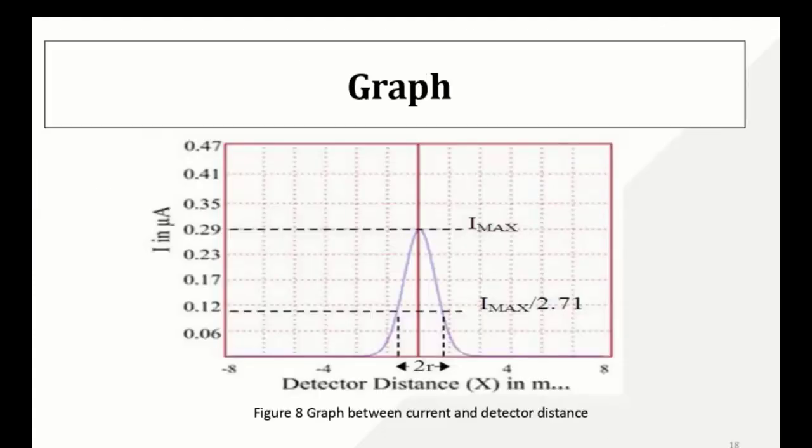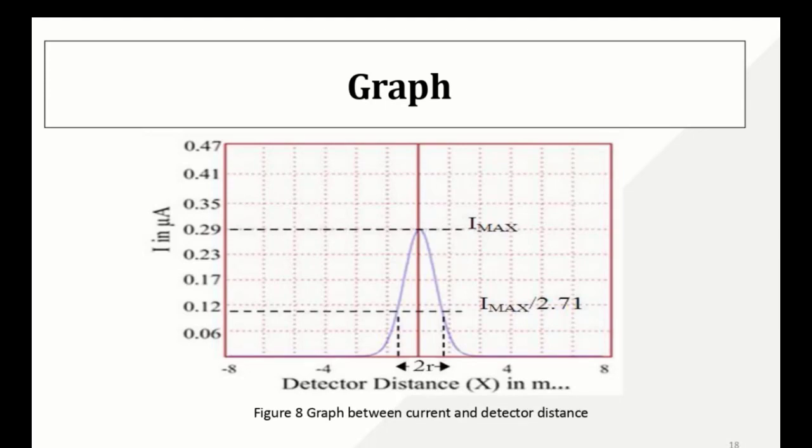You can see when you are varying your distance x, which you are varying from the screw gauge, and the z distance you have placed firstly, then using the screw gauge you are changing the x distance. So when you are changing your distance x, you get this graph, and you find this I maximum firstly, then after finding I maximum you find this I by e, which is I maximum by 2.71.